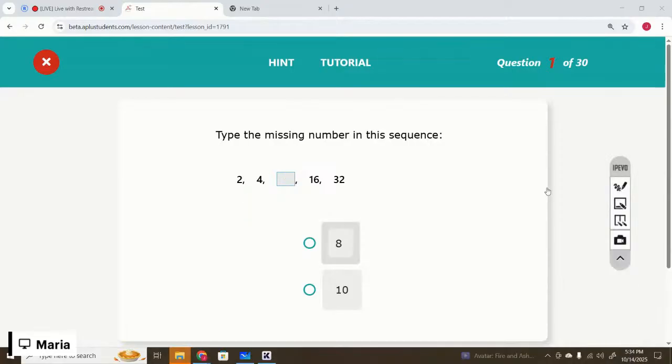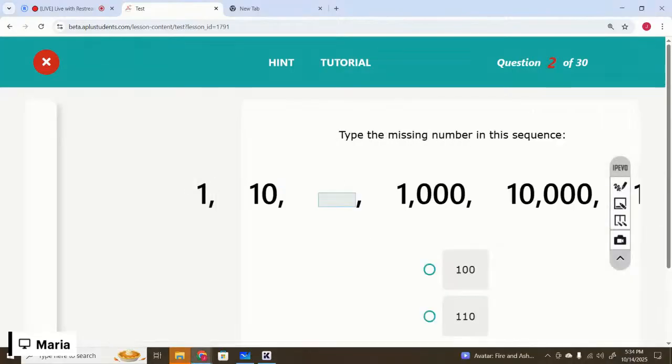The missing number is 8. Option number 1 is the correct option.